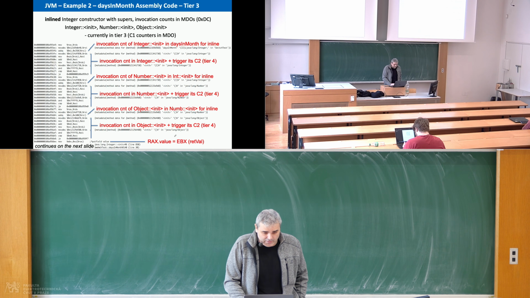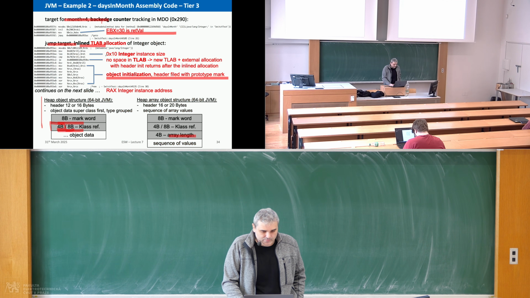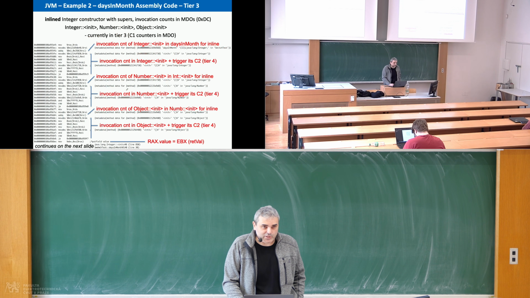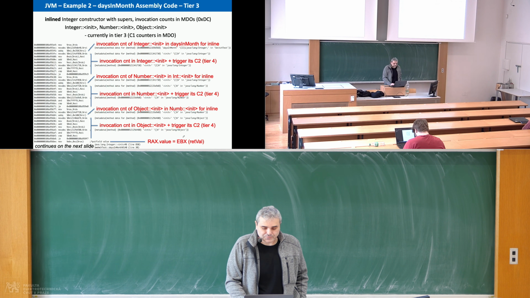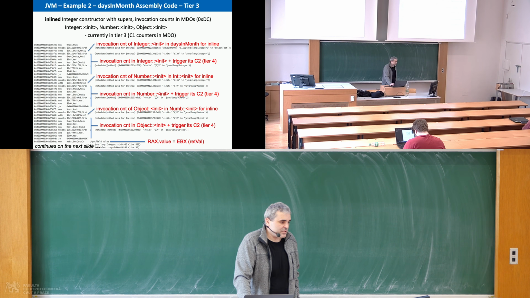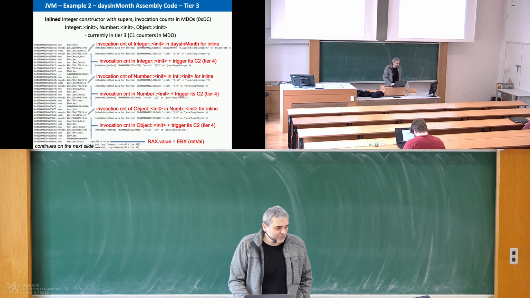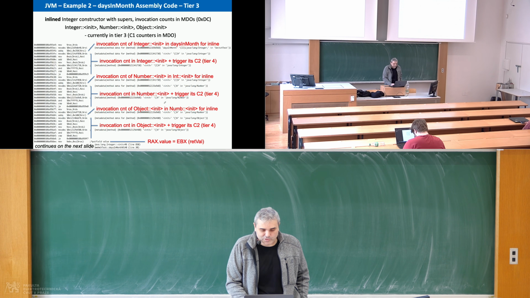Here is another example. That's the continuation of that method, because here we just allocate the object, but we have to call all constructors, all super constructors. And you can see in the listing that there is an integer constructor, number constructor, finally the object constructor.